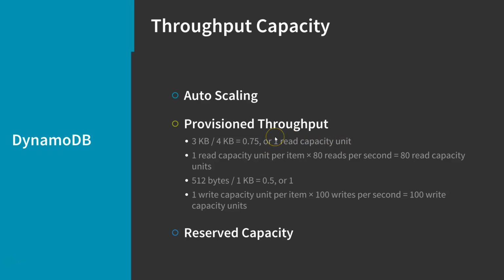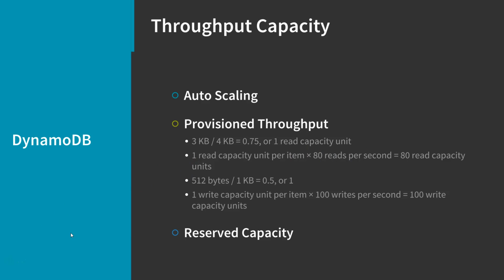You take 3 kilobytes, divide that by 4 kilobytes, which comes out to 0.75 or 1 read capacity unit after you round up. For this scenario, you have to set the table's provisioned read capacity throughput to 80 read capacity units, which is 1 read capacity unit per item times 80 reads per second.